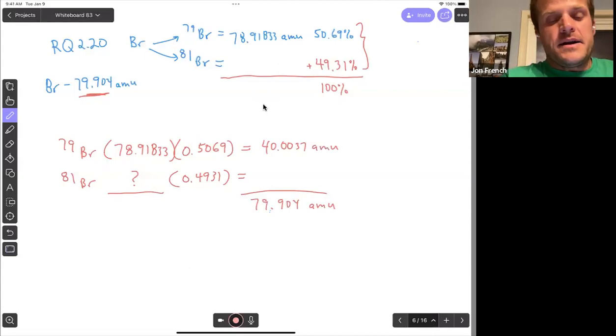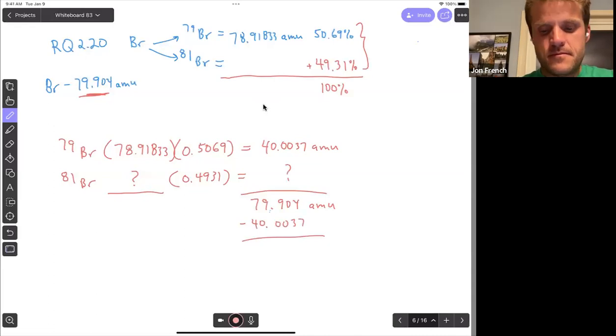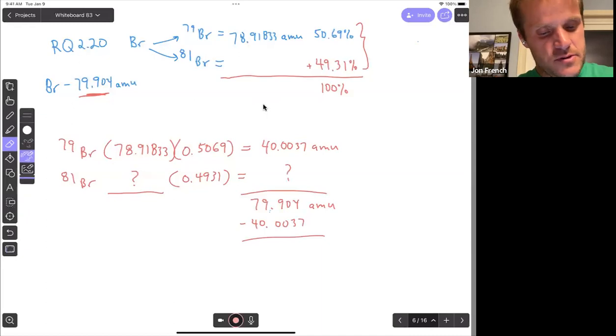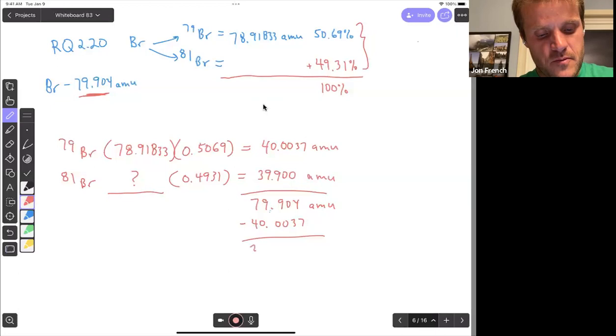Now we can find the missing mass, because I know the total needs to be 79.904. So 79.904 minus 40.0037. The unknown isotope is going to have a contribution of about 39.900 AMU. That's what we'd get from there.